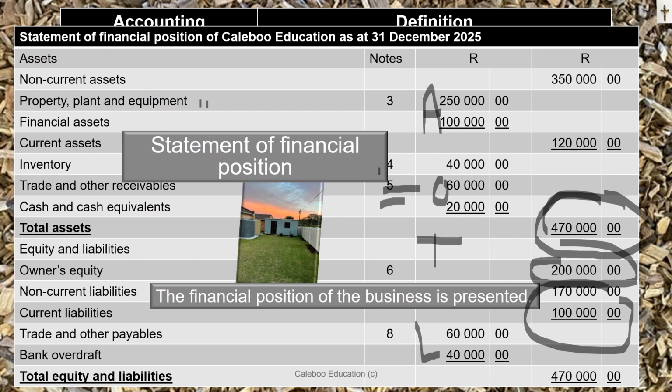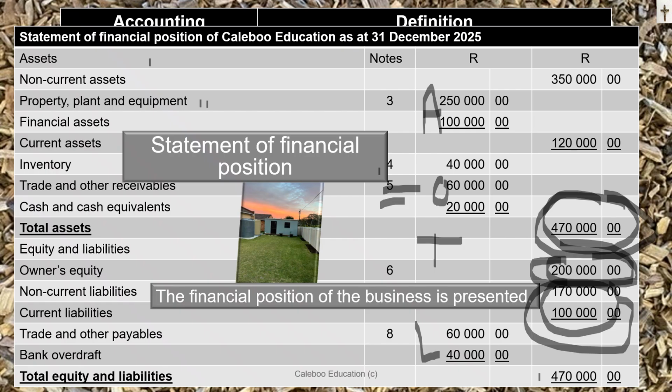And we look, the assets here are 470,000, and if you add the owner's equity plus the liabilities, you're going to get 470,000. So this statement of financial position, balance sheet, balances. From this document, a lot of analysis and interpretation can take place.